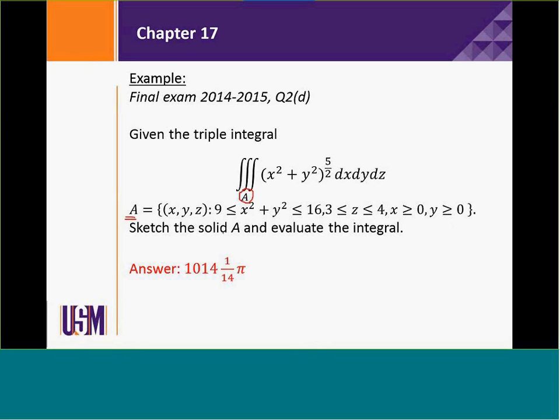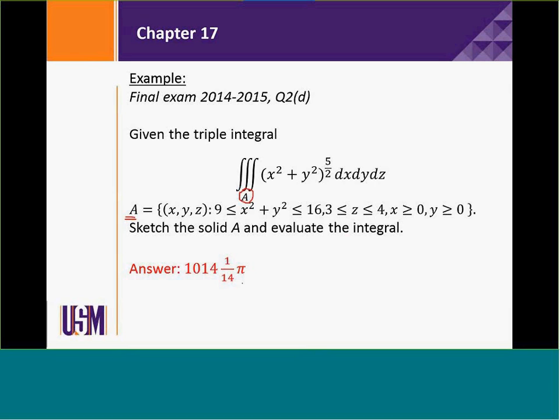Sketch the solid A and evaluate the integral. The answer you should be able to obtain is 1014 pi.